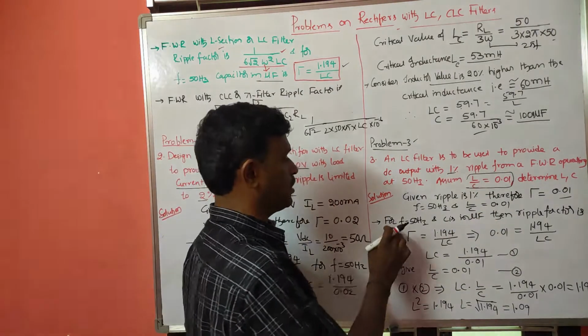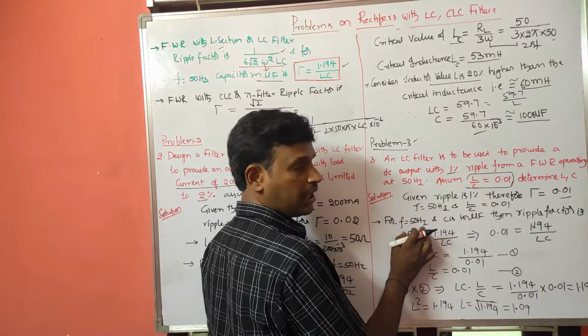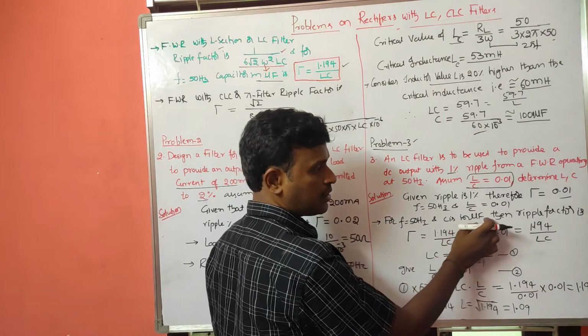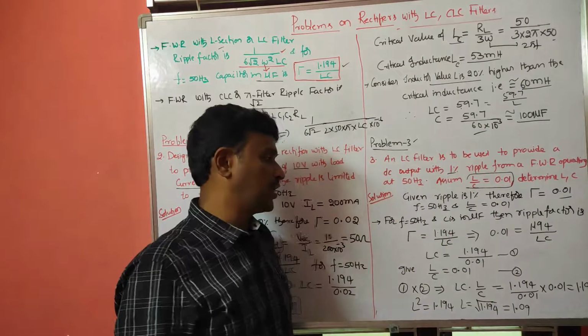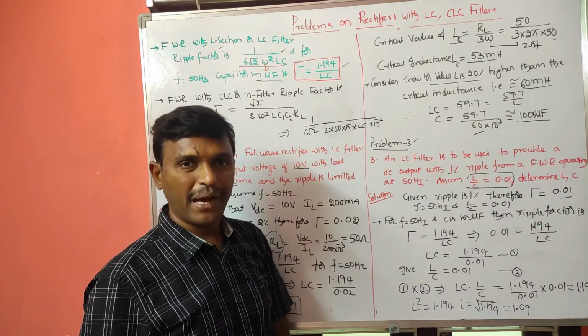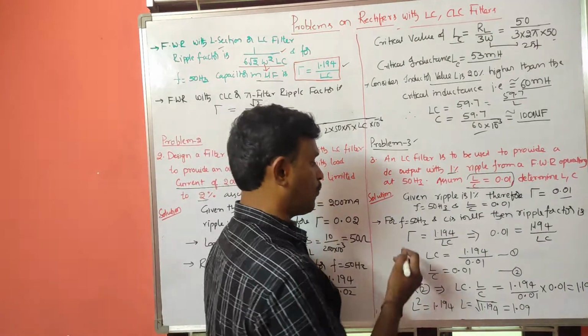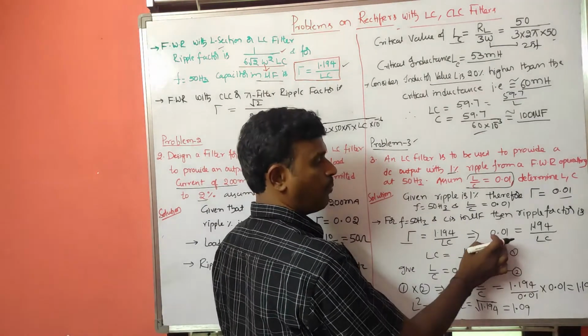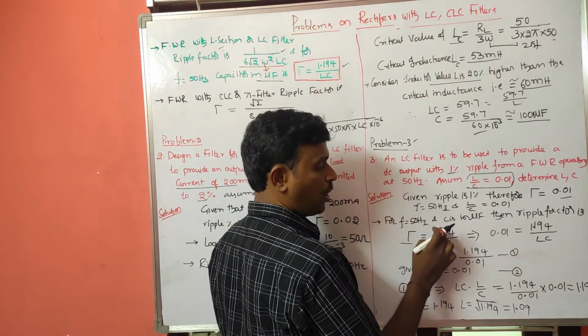Now we consider f equal to 50 Hz and C in microfarads, then the ripple factor is equal to 1.194 by LC.